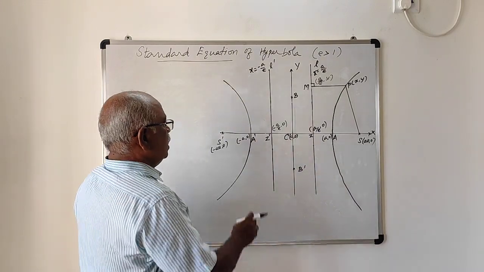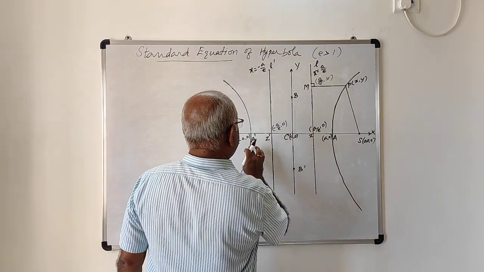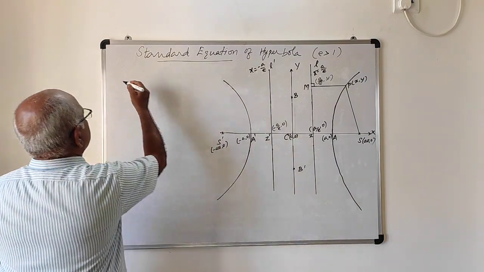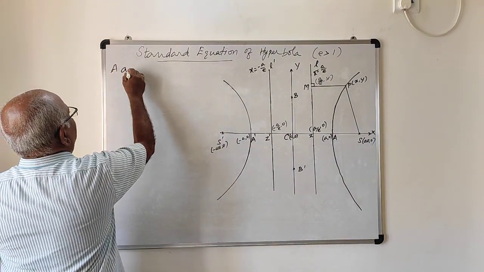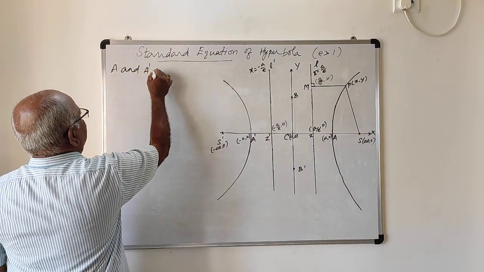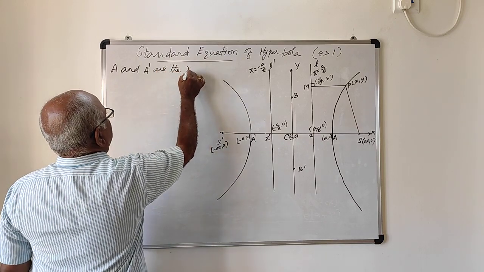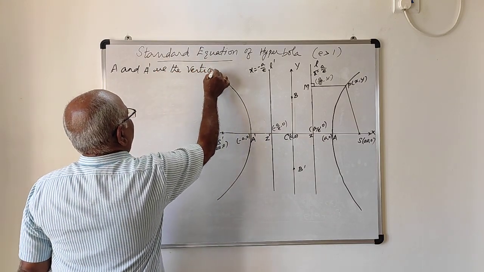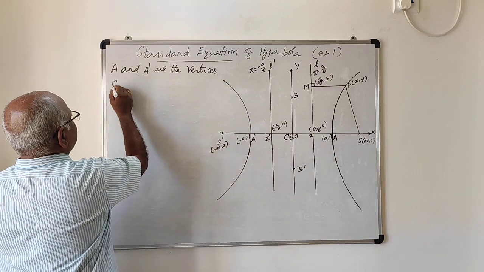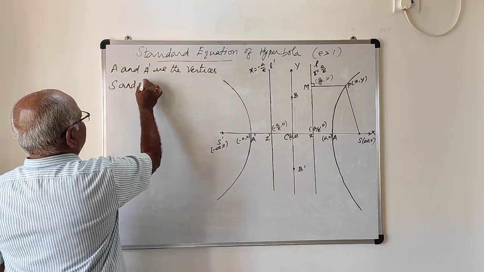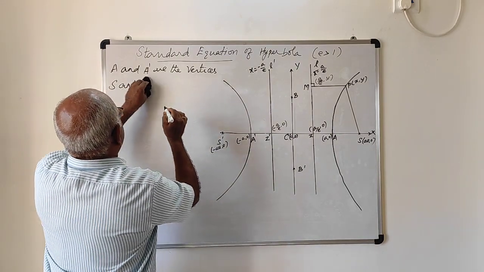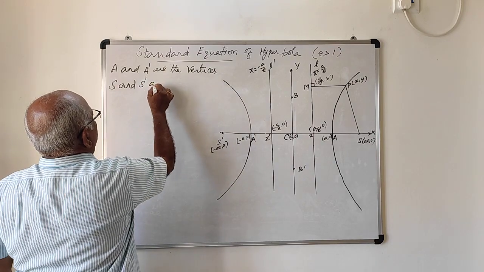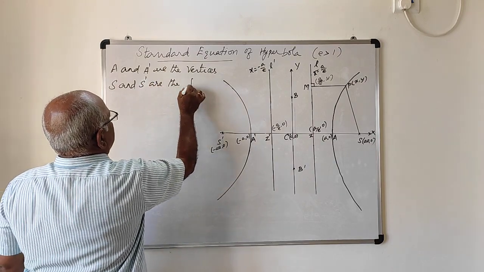Now, we are going to derive the standard equation of the hyperbola. For that, I consider A and A dash as the vertices of the hyperbola. S and S dash are the foci of the hyperbola.